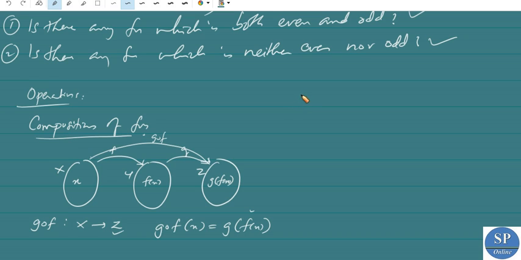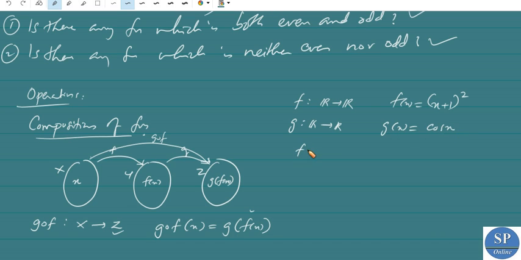For example, f from R to R is defined by f of x equal to (x plus 1) whole square, and g from R to R is defined by g of x equal to cos x.